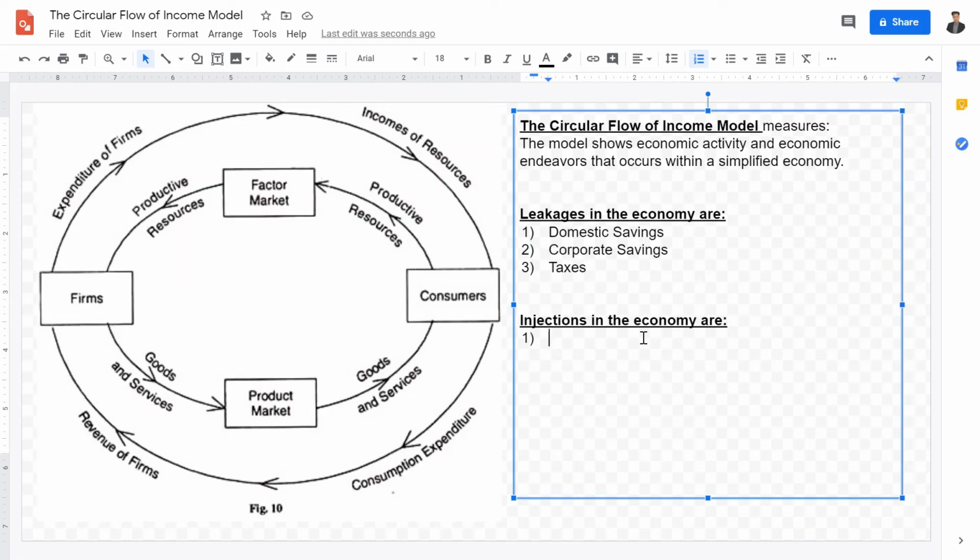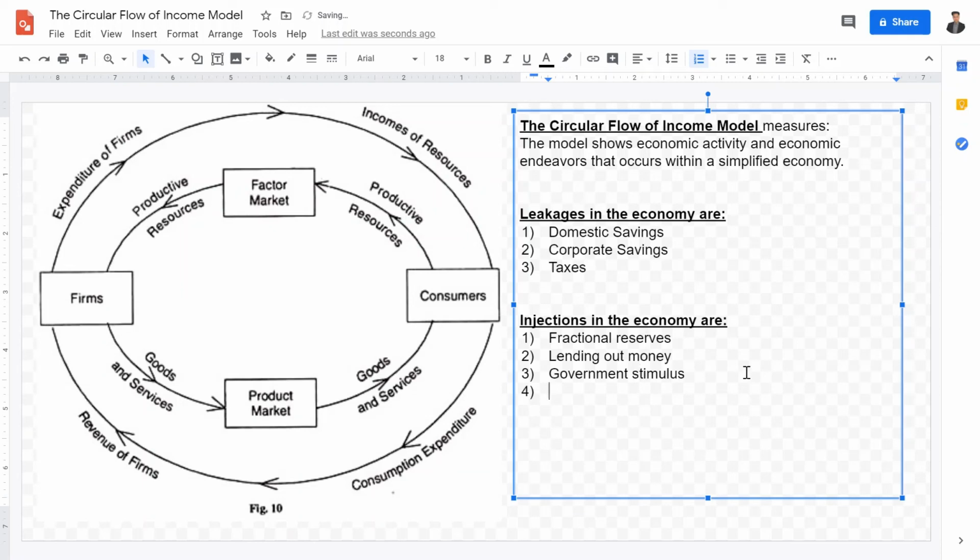So what are injections in the economy? For example, fractional reserves, where banks get to lending out money. Stimulus: government stimulus, for example, the $1,200 government stimulus under the Trump administration to curb the effects of COVID-19.